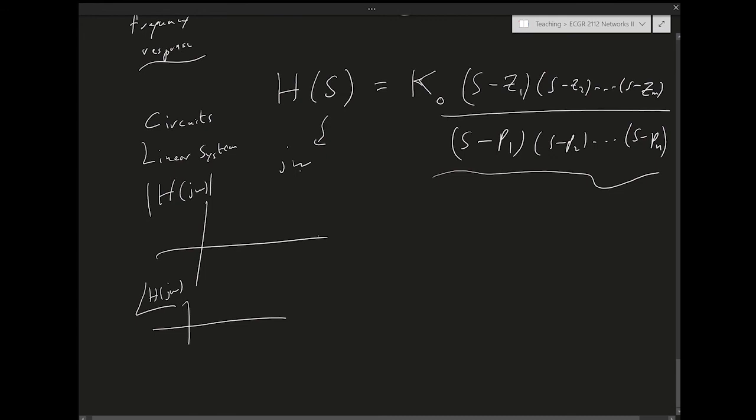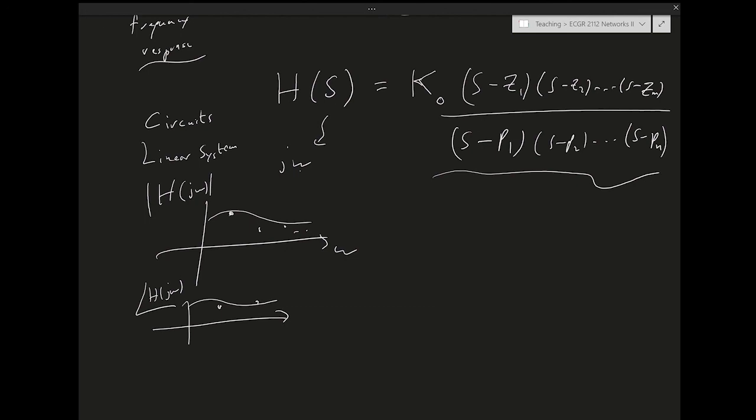For different frequencies we could plot the magnitude and the phase, and create a plot. But it is helpful if there is a way to rapidly sketch the frequency response and get a decent approximation of it without having to write a program and plot it point by point.